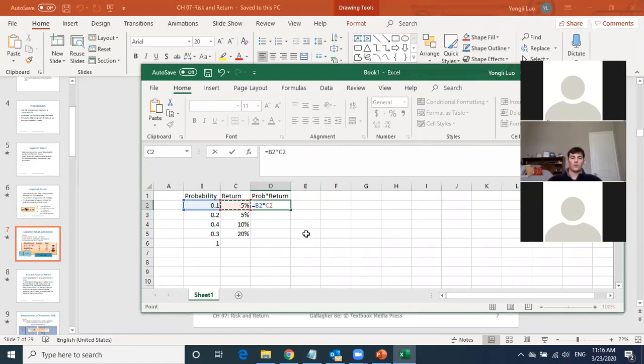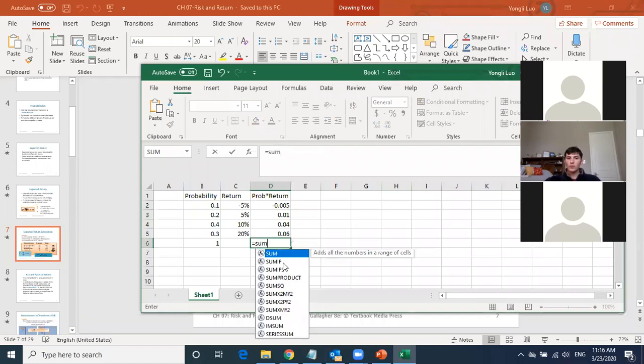You just click on the cell, and there's the product of the probability and return. You apply that formula, and when your cursor becomes a cross, you drag all the way down. So the return will be the probability times the return, and then you sum them up.